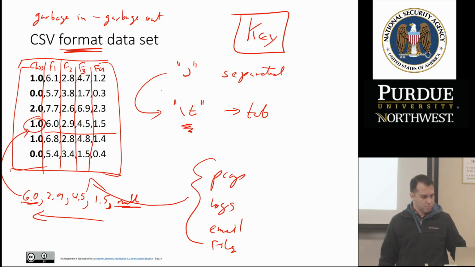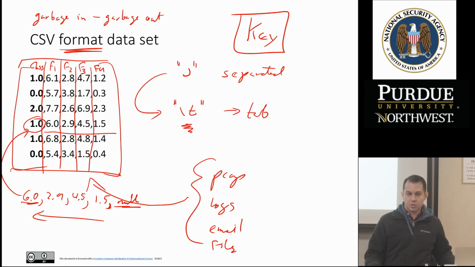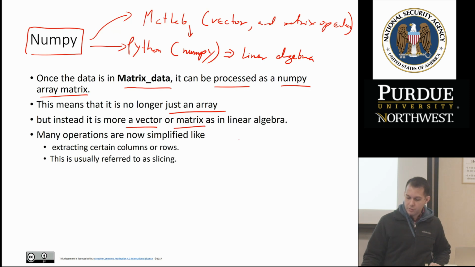And so once we have that matrix, it can be processed efficiently as a NumPy array or NumPy matrix. We're going to have some code that takes the original, which is just a two-dimensional array, and converts it into an efficient NumPy array. This means that it is no longer just an array, but more a vector or a matrix, as in linear algebra.